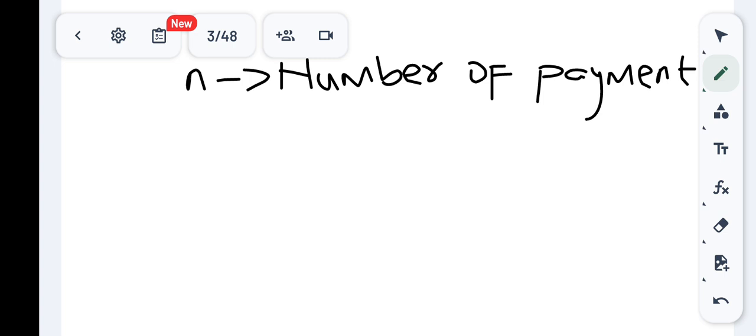And I start to deposit. Let's say I'm depositing 500 per month, so my X is 500.